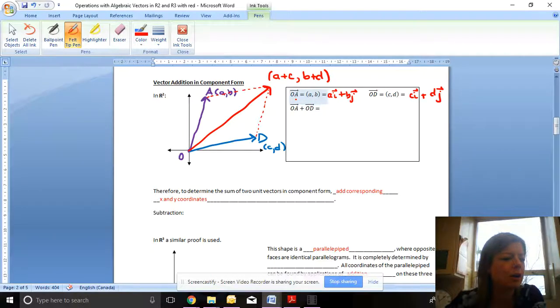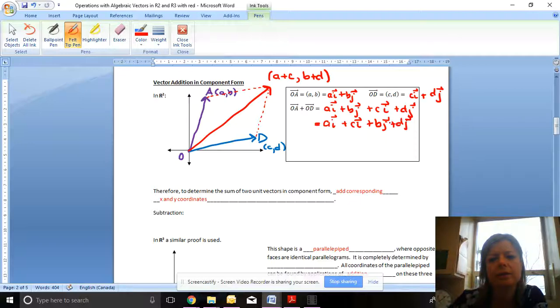So now if you take OA plus OD, you get ai plus bj plus ci plus dj. Now we learned in our properties yesterday that adding vectors is commutative. So I can move ai and ci next to each other using the commutative property, and bj and dj can be next to each other, again using that property.